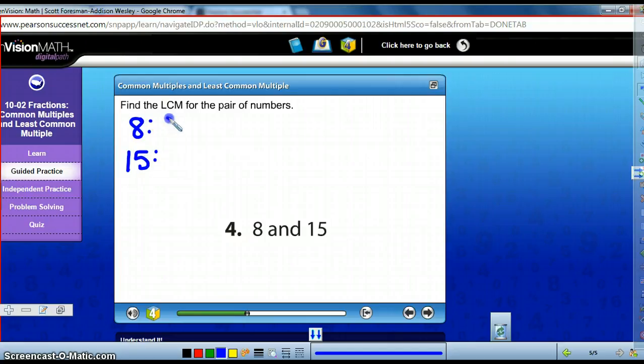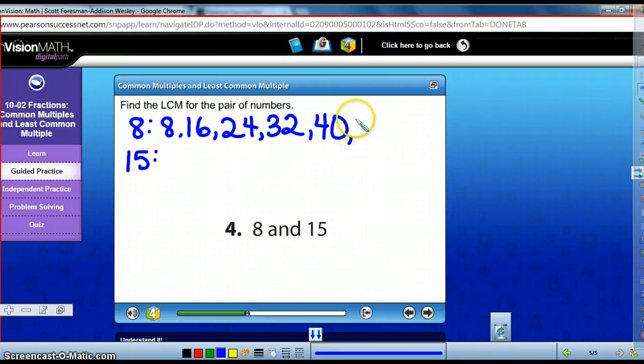For 8, 8 times 1 is 8. 8 times 2 is 16. 8 times 3 is 24. 8 times 4 is 32. 8 times 5 is 40. 8 times 6 is 48. 8 times 7 is 56. 8 times 8 is 64. 8 times 9 is 72. Let's stop there and see if we get something with 15.